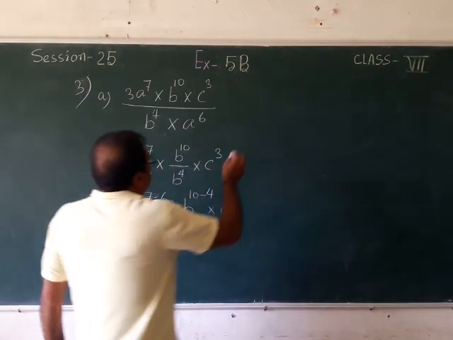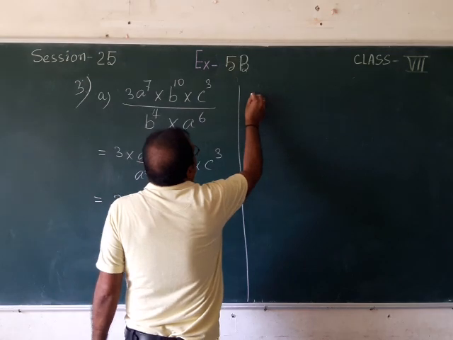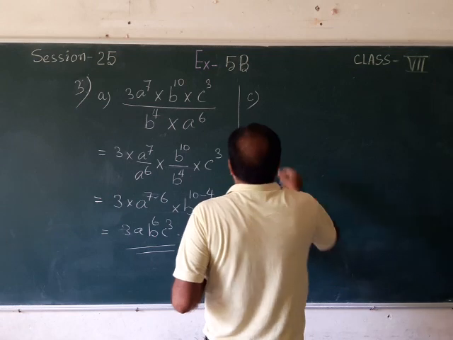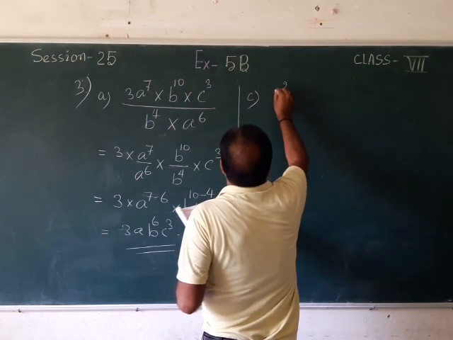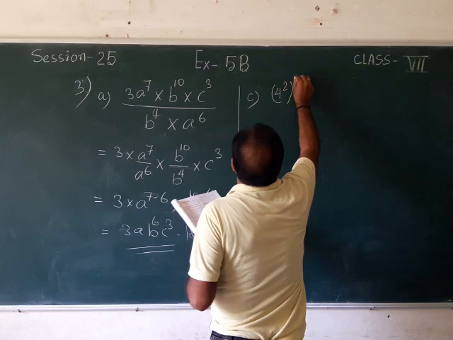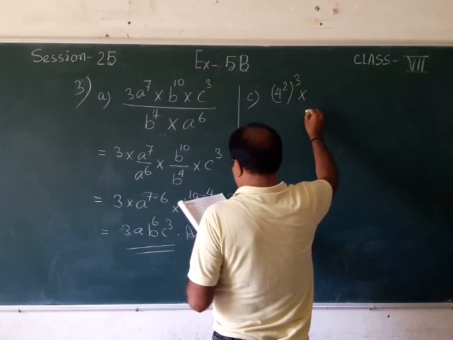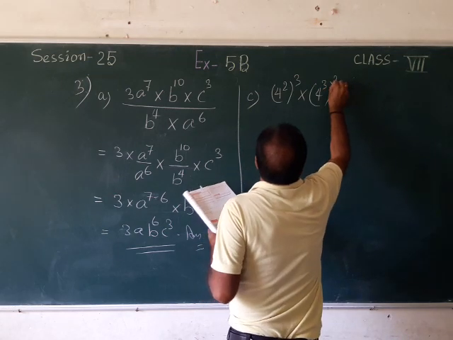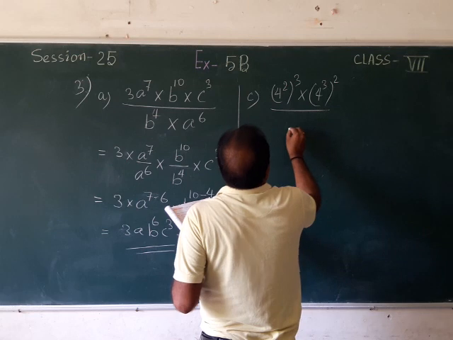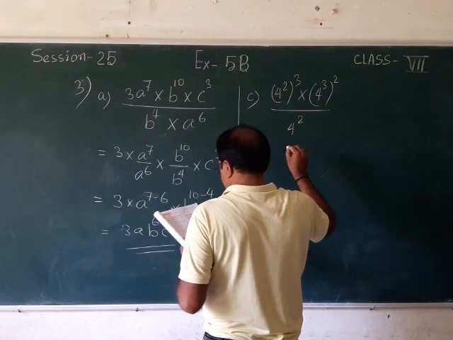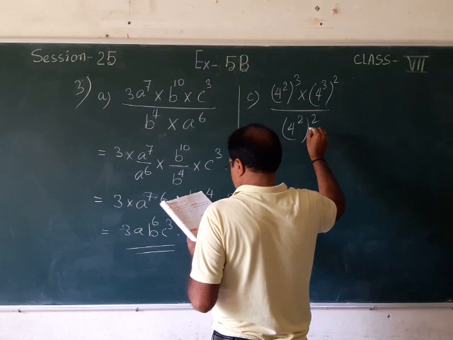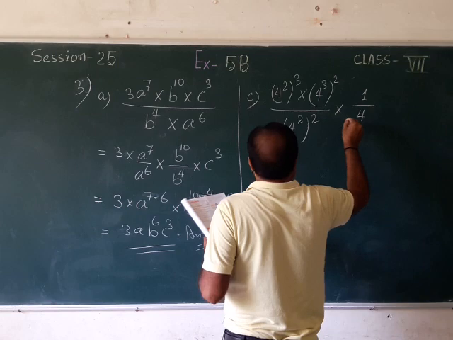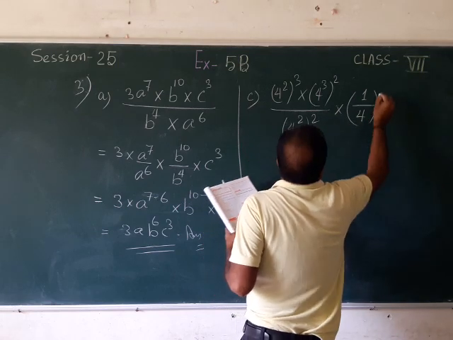One more question I am taking, this time I am going to take question number C from here. So C number question is there, 4 to the power 2 and its power 3, then it is multiplied by 4 to the power 3 and its power is 2 and upon 4 to the power 2, then its power 2, then 1 upon 4 to the power 5 is there.